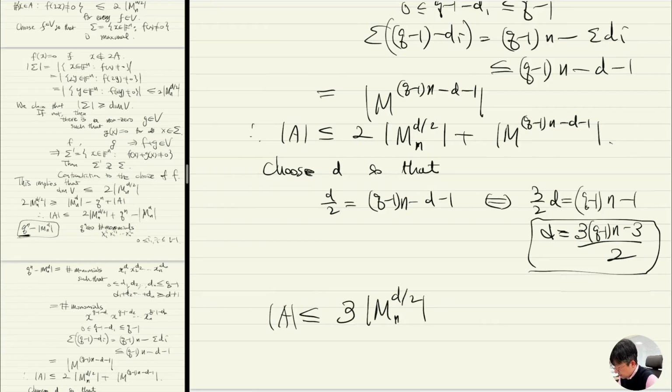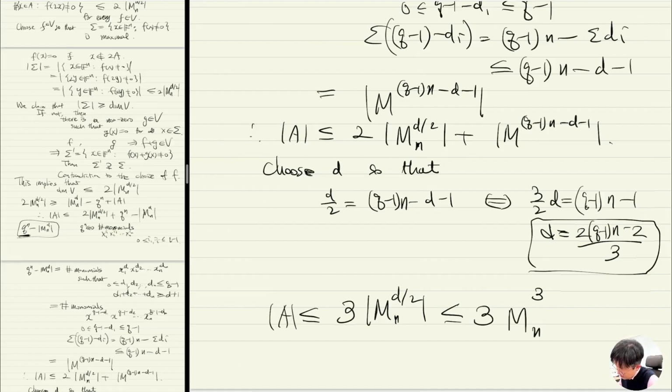Now if I ignore that, yeah, so this is 3 times mn, and now d is this value, and oh no, that's a mistake. It's 2 2 3, right?